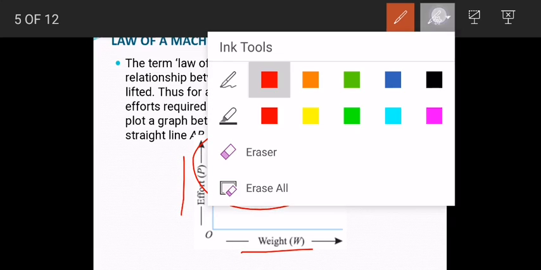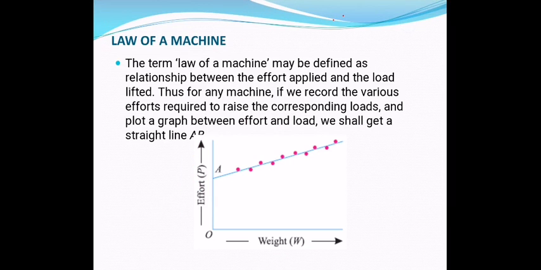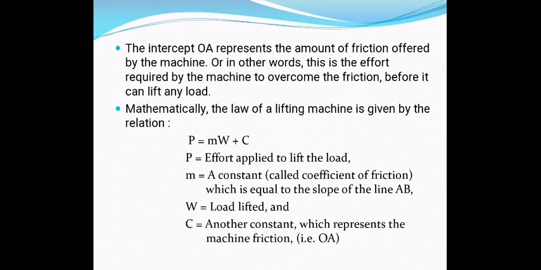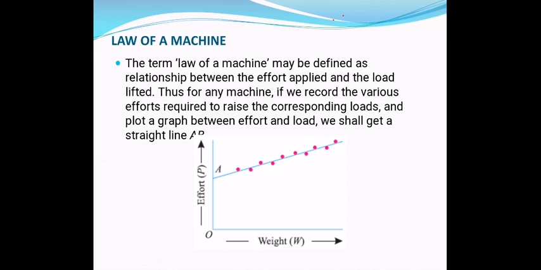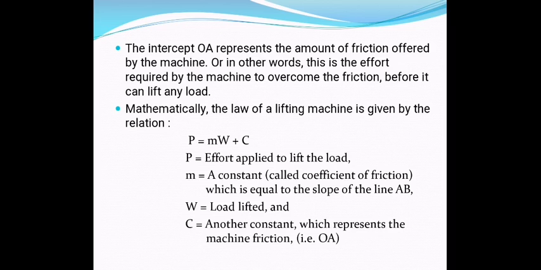Now we have to find this out mathematically. Before that, you see that this line starts from some point, some height. Why has this happened? The intercept OA represents the amount of friction offered by the machine, or in other words, this is the effort required by the machine to overcome the friction.